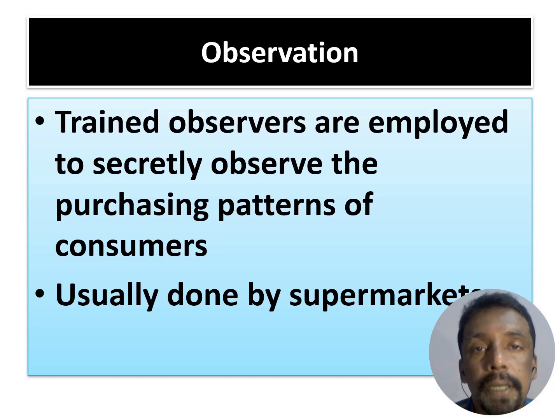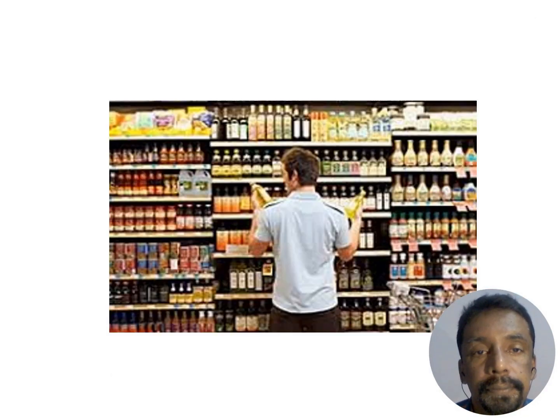The next method of primary research is observation. Trained observers are employed to secretly observe the purchasing patterns of consumers, usually done by supermarkets. This is an observation going on while a consumer makes his purchases.